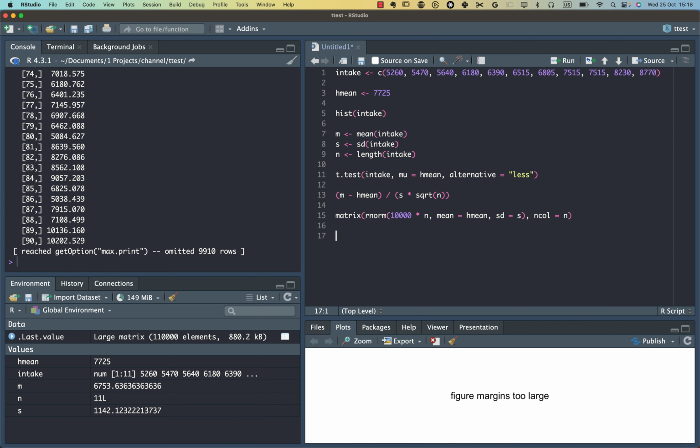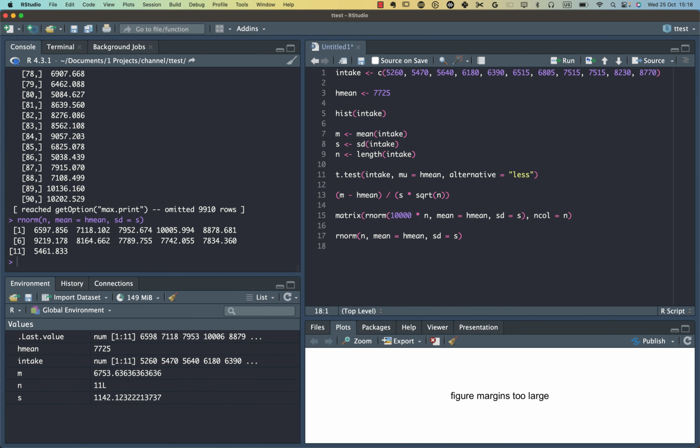Well, each row is given by just generating n values, still with the mean of h mean, the standard deviation of S. So when I do this, this generates one simulation from this distribution, assuming that the null hypothesis is correct. Okay. Now, what you want to do is compute the t statistic of this particular row here.